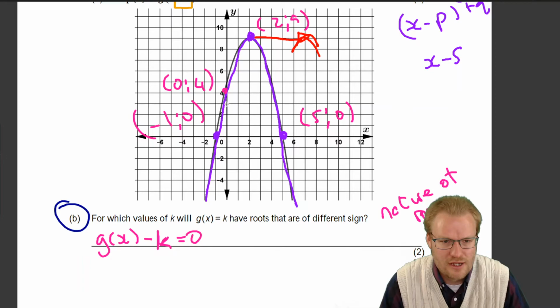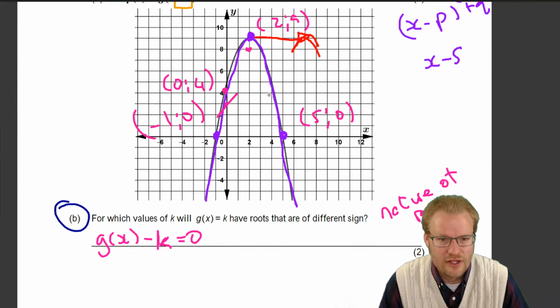Well, if this went down by 1, then it's going to go through there. So this negative root must still be a negative root. There's going to be a turning point over there that's going to have gone down by 1. And this bit here is also going to move down by 1. So yeah, the graph's still going to have 2 roots of different signs.